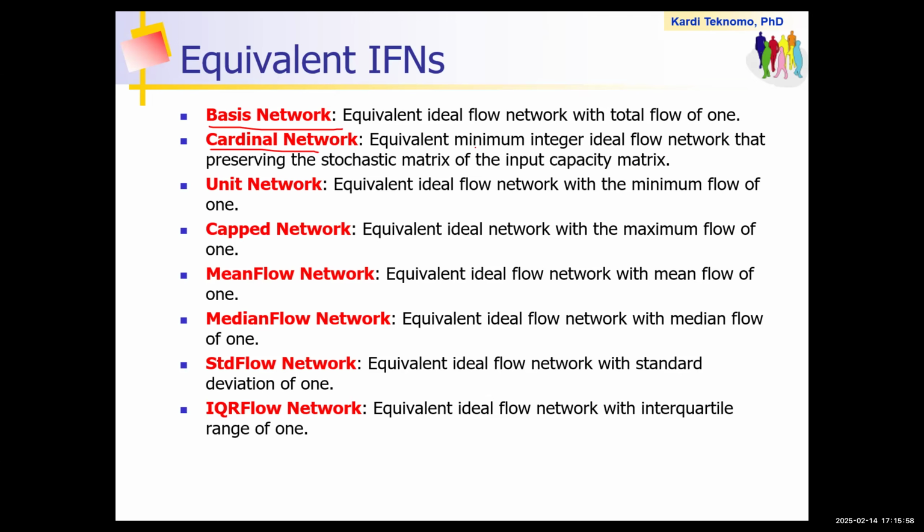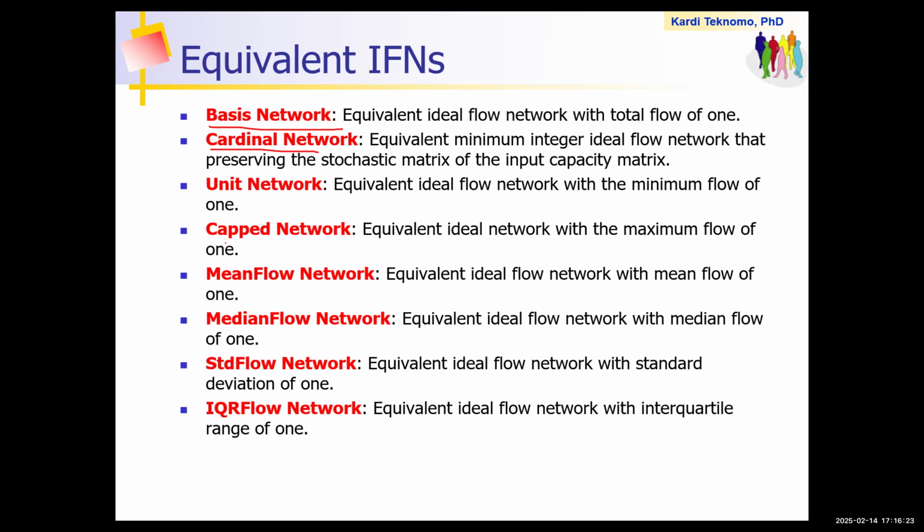Cardinal means integer, so this is the equivalent with minimum integer, again preserving the stochastic matrix. And we can name it unit network, or minimum unit network. This is the equivalent IFN with the minimum flow of one.